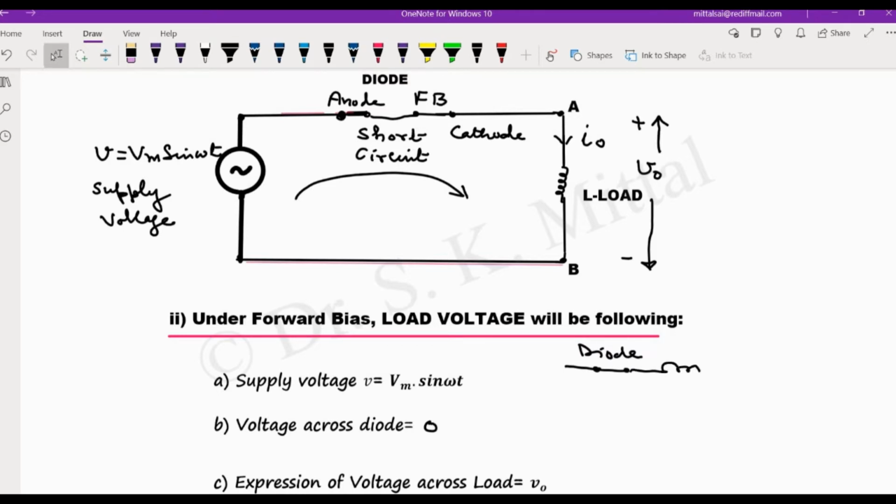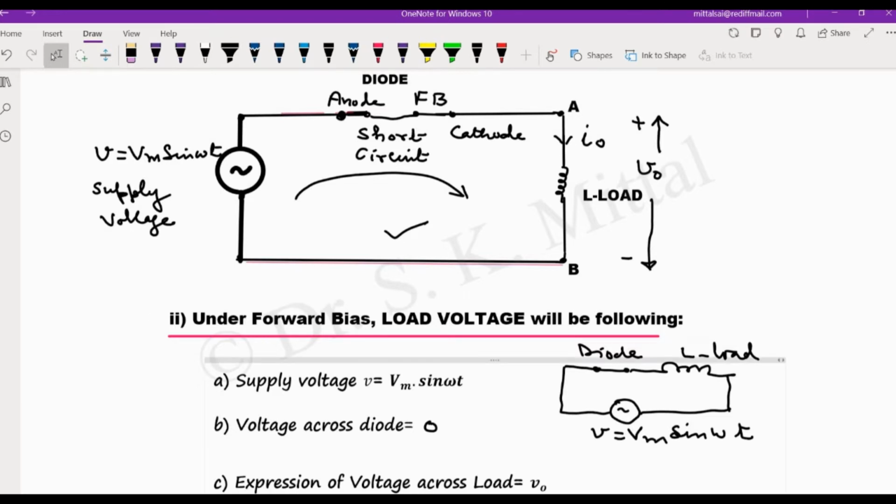In simple way, this circuit we can represent like this. So now see here, we have applied the voltage V is equal to Vm sin omega t across two elements, diode and inductive load. Diode and this inductive load are connected in series, and if diode is forward biased, the voltage across it is 0.